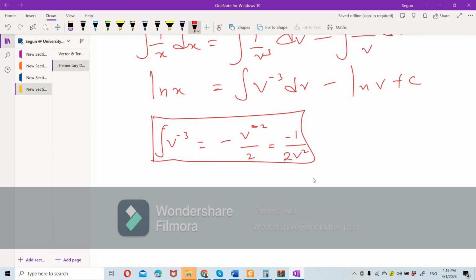I can say that they'll always put this one in absolute value so that it will be guided. That here we have ln absolute value of x equals to negative 1 all over 2v squared minus ln v plus c.